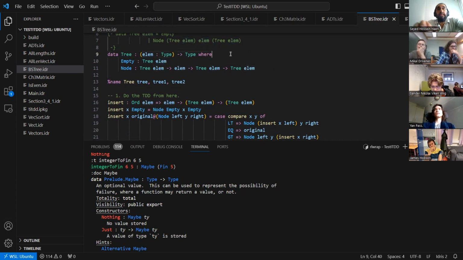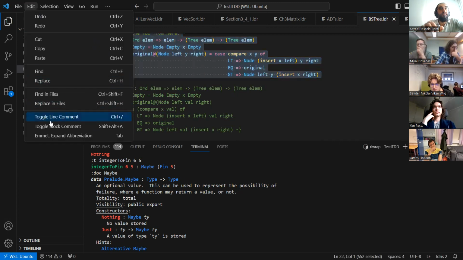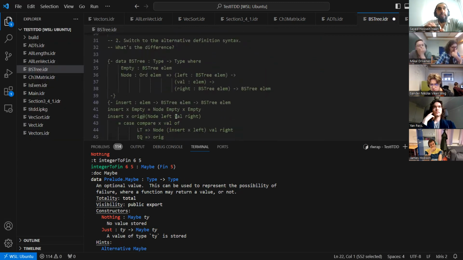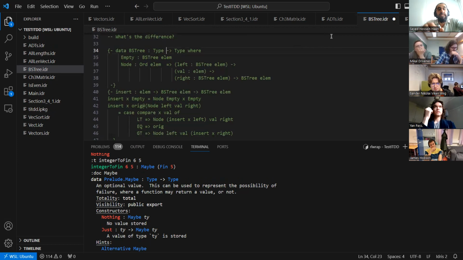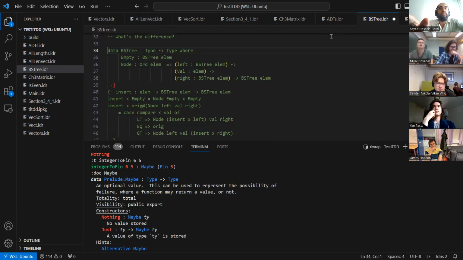And that's exactly the reason why at the level of the data type, the shortcut still works.